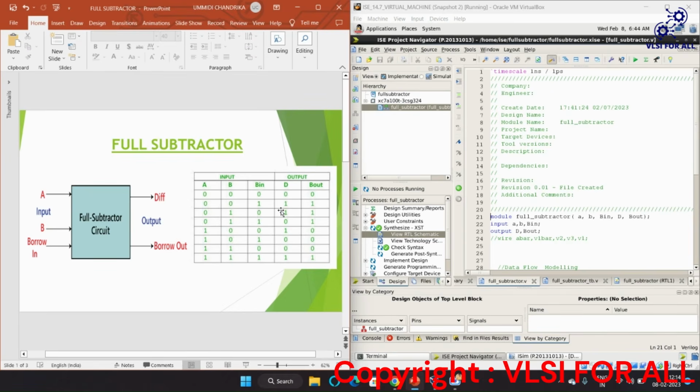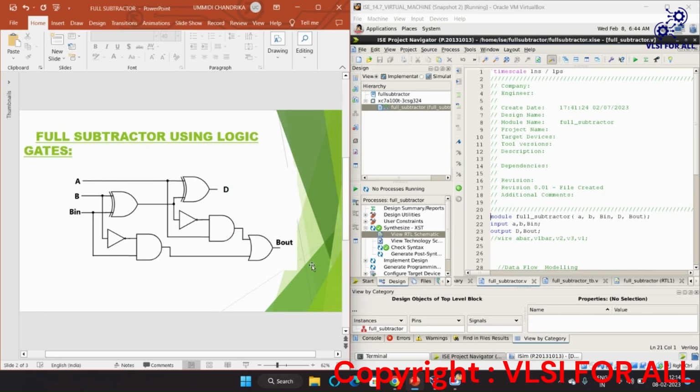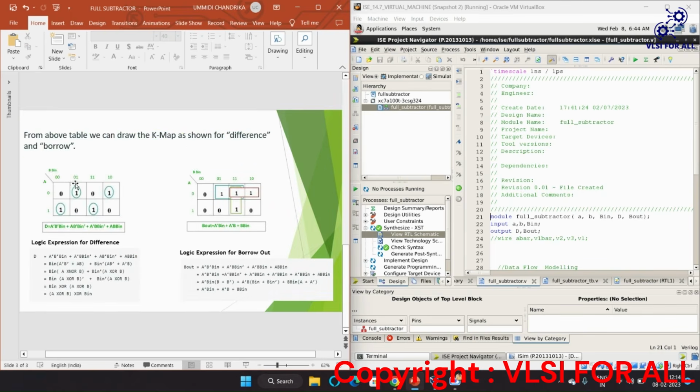For minterms 1, 2, 4, and 7, the difference is high. And for minterms 1, 2, 3, and 7, Bout is high. So we have to represent it using a K-map.